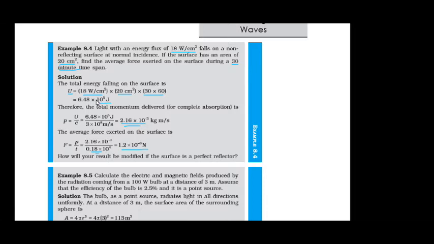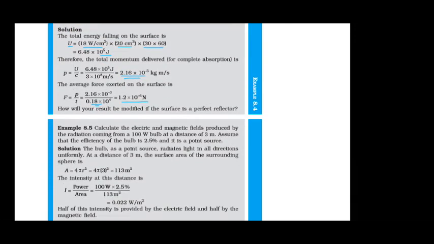Then we have to find F. F is equal to momentum upon time. Put the value of momentum and time. We get the value of force. And let us move to the next question, that is 8.5.